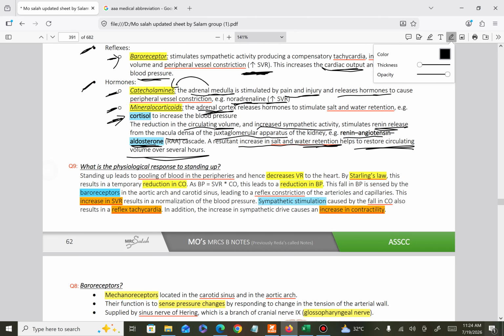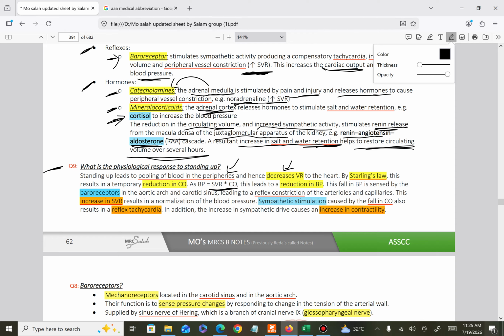Now, what is the physiological response to standing up? Standing up leads to pooling of blood in the peripheries and hence decreased venous return to the heart. By Starling's law, this results in temporary reduction in cardiac output because BP is equal to systemic vascular resistance times cardiac output.